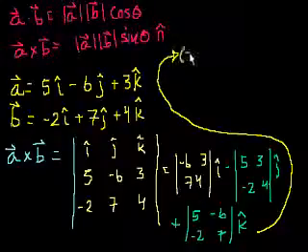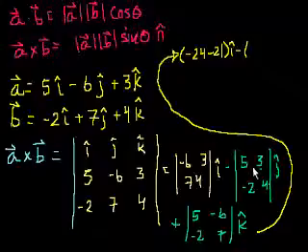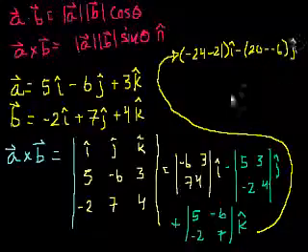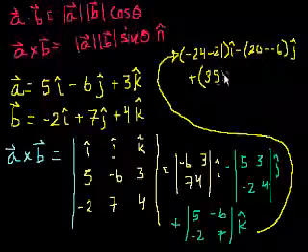So it's minus, I always make careless mistakes here, minus 24 minus 21, times i, minus 5 times 4 is 20, minus 2 times 3, so minus 6, j, plus 5 times 7, 35, minus 2 times minus 6, so it's minus positive 12, k.